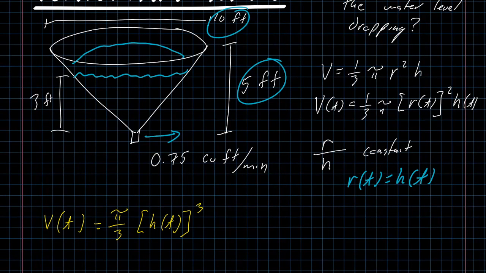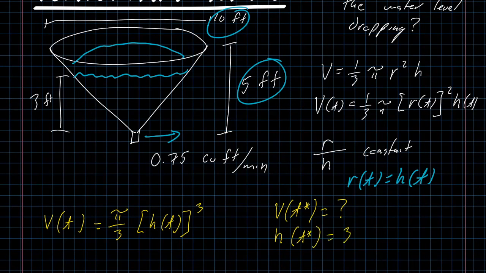And with this setup, the time in question, I'll call T star. The volume at that time, I do not know. The height of the water at that time, I do know.